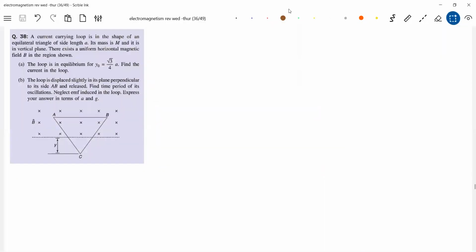This is again very popular. I think it's there in most of the books. Read the question first. The loop is first at equilibrium. Find the current in the loop.